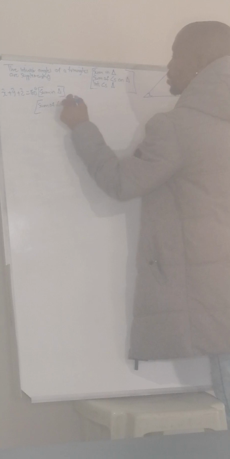You can say sum of the angles on a triangle. You can say sum of angles on a triangle as another reason. The same thing. Interior angles of a triangle. It clearly states the same thing.